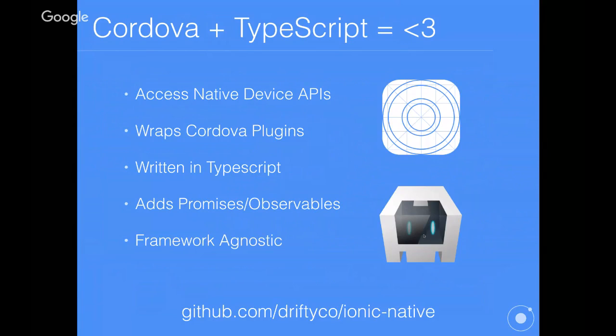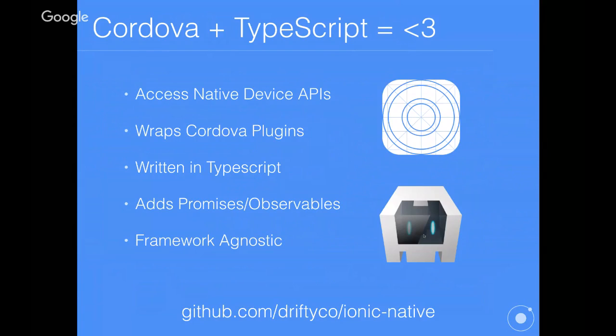So you get all of those advantages of TypeScript that I already talked about, as well as added support for promises and observables. Anyone who's done a lot of work with Cordova plugins knows that almost all plugins still use the standard callback pattern, which can get very messy when your code gets very complex.